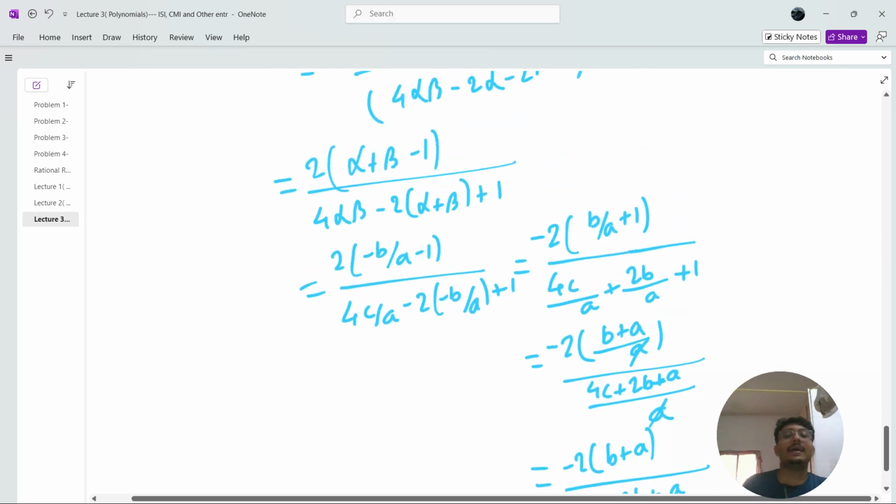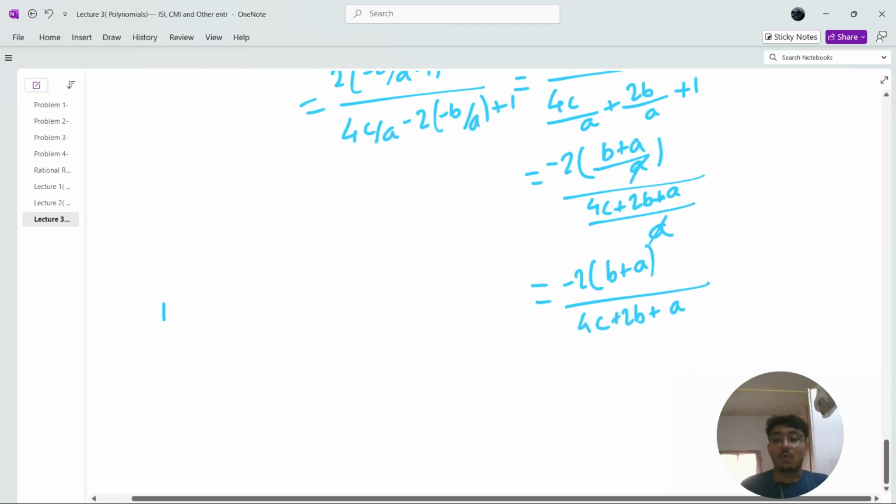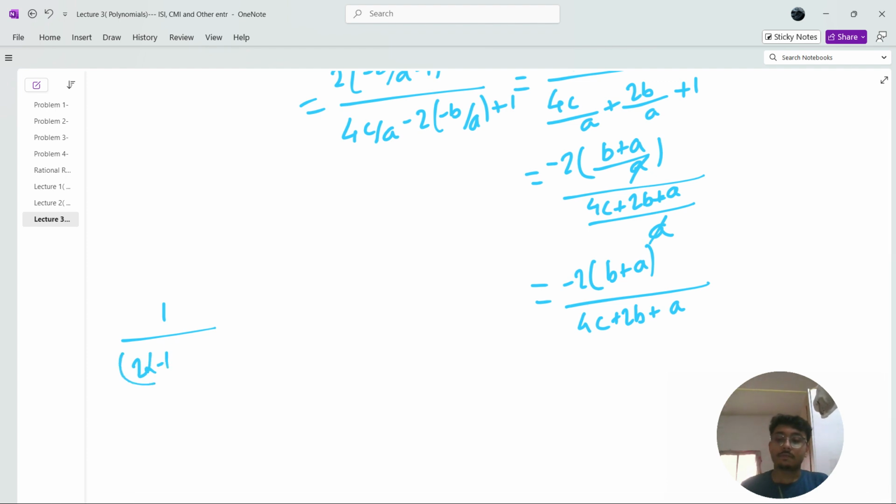So this is the addition of the roots, and next what we need is 1 by 2 alpha minus 1 into 2 beta minus 1. Product we had just now calculated. So 1 by again 4 alpha beta minus 2 alpha minus 2 beta plus 1.